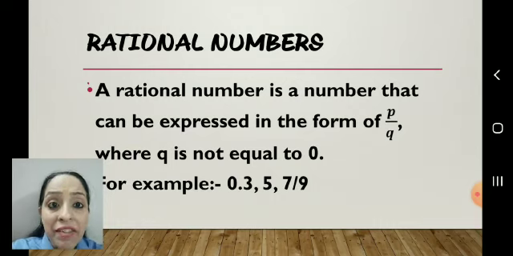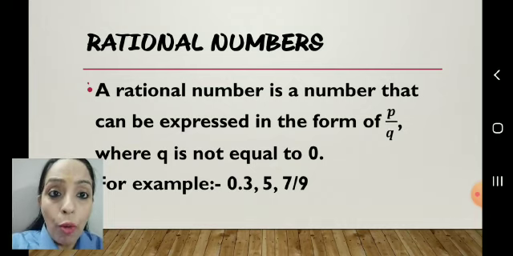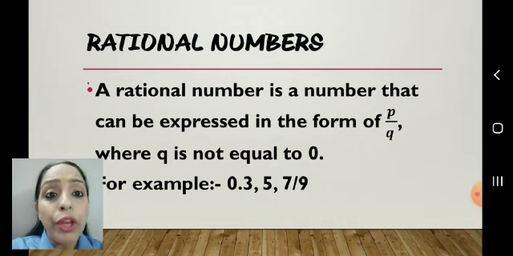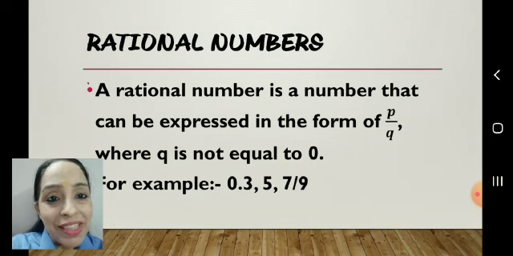When I write 7 upon 9, yes, it is also a rational number. When I write 0 upon 2, yes, that is also a rational number because here the denominator is 2. When I write 2 upon 0, it cannot be a rational number because a rational number is a number that can be expressed in the form of P upon Q, where Q is not equal to 0.